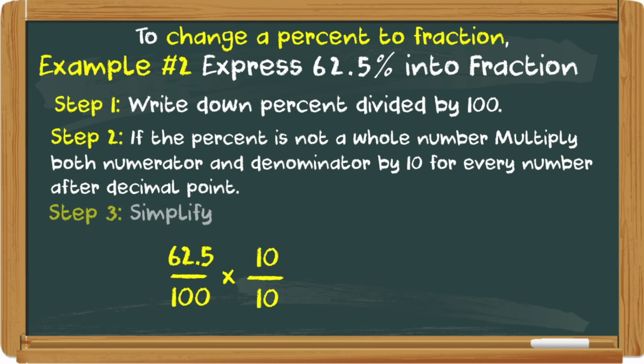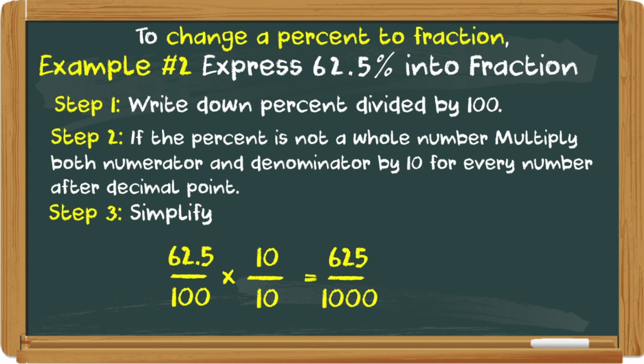And step 3, simplify. So we have now 62.5 times 10, that is 625. And 100 multiplied by 10 is 1,000. So we need to find again their GCF.